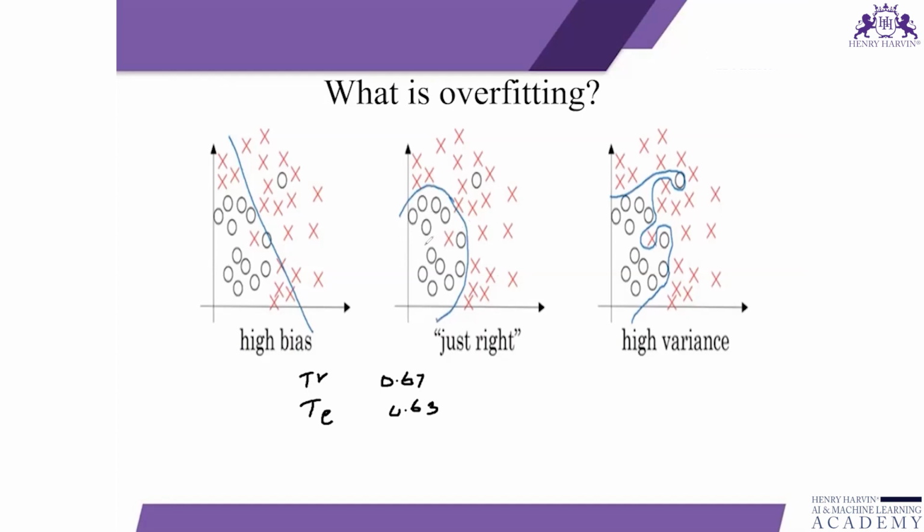It is not 100% correct; a classification like this one is misclassified, so you can see misclassification over here also. But by and large it's doing its job, and we call this type of fit just right. It's not a great name, but that's what we usually call it.